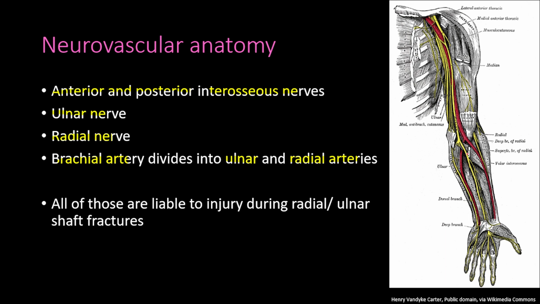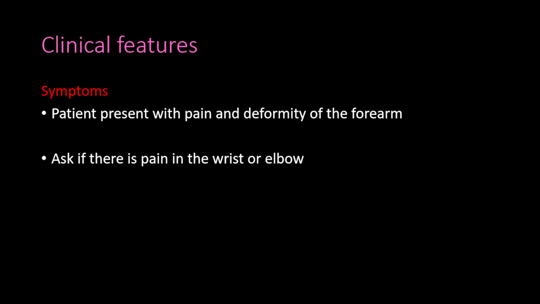So here we have the anterior interosseous nerve, and here is the ulnar nerve, here is the radial nerve, and here we have the brachial artery, which divides into the radial artery here and the ulnar artery here. And all of these are liable to injury, as we mentioned. Moving on to talk about the clinical features of a patient presenting with radial and ulnar shaft fractures.